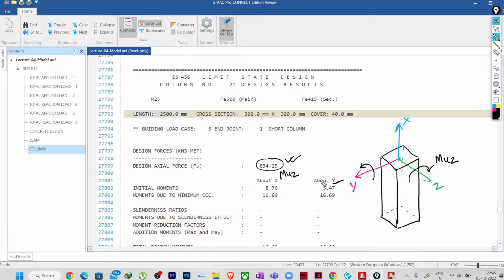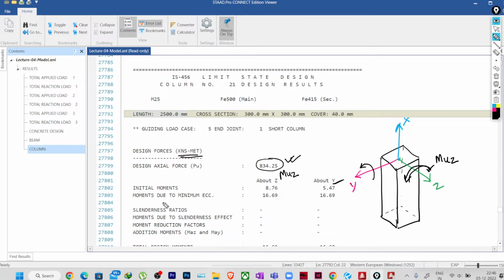If it is negative, then it will be the opposite direction. Okay, in that case maybe it will be in this direction. Okay, so as the moments value as positive, so that we will see later, that I have already discussed also. So now the thing is that we have got the biaxial moments, 8.76 kilonewton meter. Obviously you can see the unit here, and 5.47 kilonewton meter.